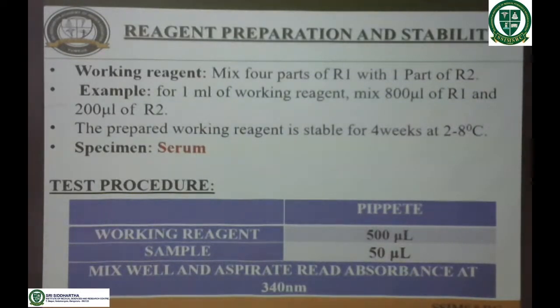The specimen here is a serum sample, used for the estimation of SGPT activity. For the test procedure, take a test tube and add around 500 microliters of working reagent and 50 microliters of the serum sample.